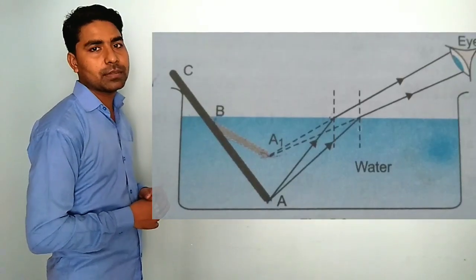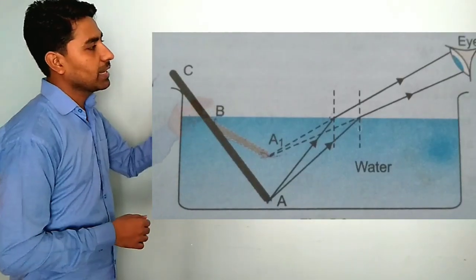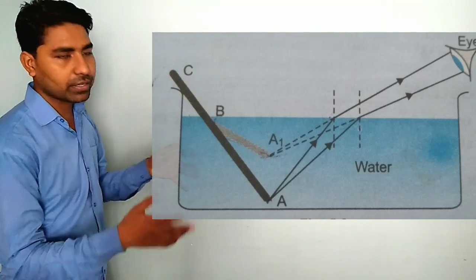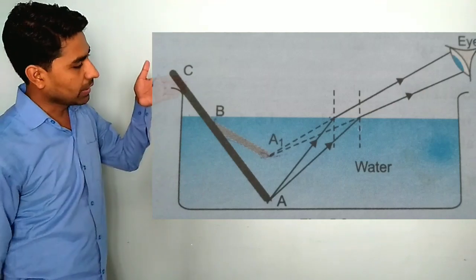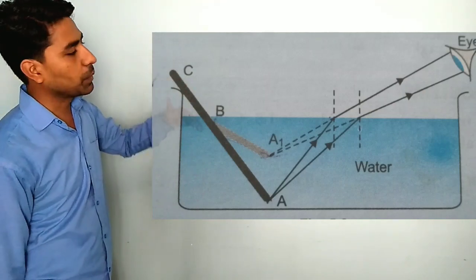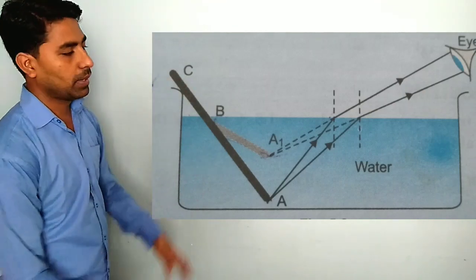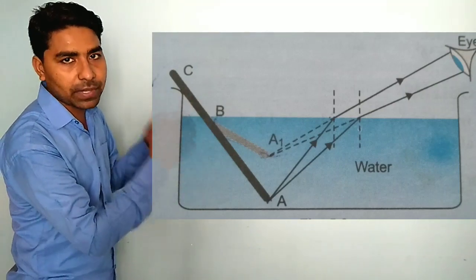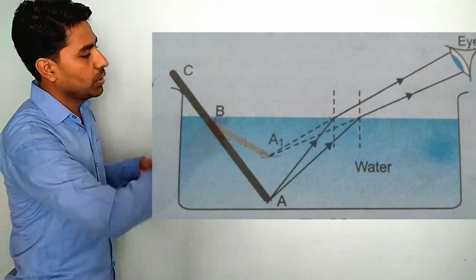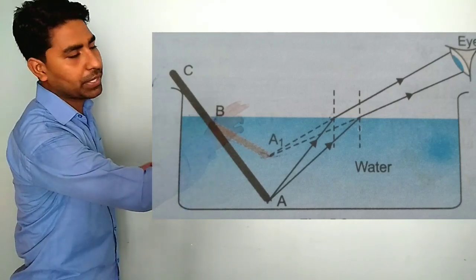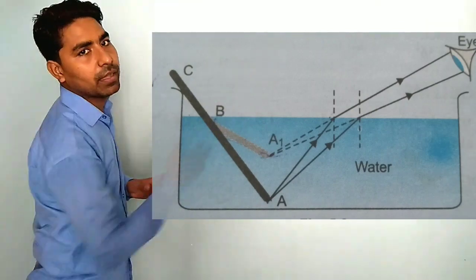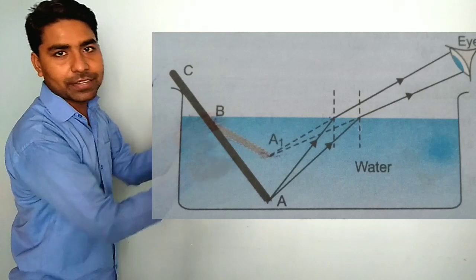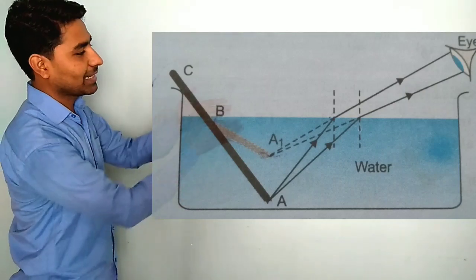See in this diagram. You can see the pencil entering inside the water tub, or you can say a glass. In the starting, if I'm talking about the real position, it is straight. But the rays, meaning the light refracted from the pencil outside this tub, will go straight first, but due to the changing medium it will bend, and when we observe from that point, we will observe somewhere here, but at a little shorter distance.